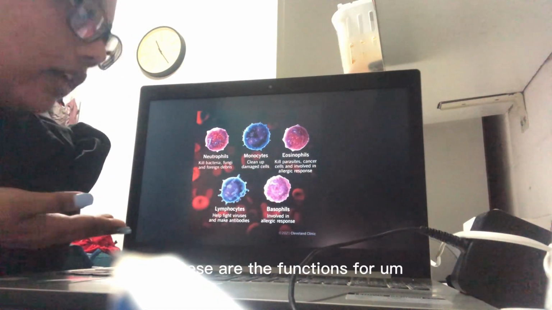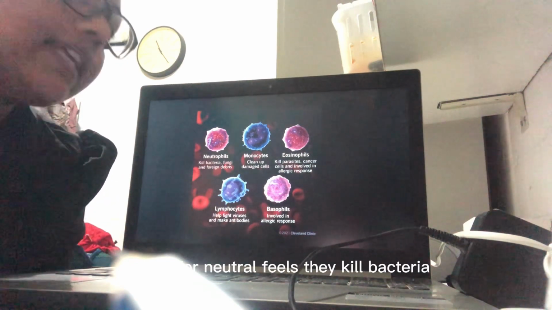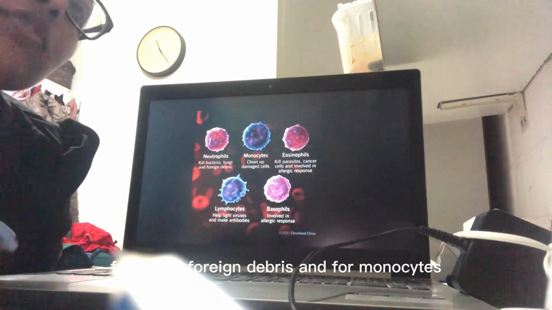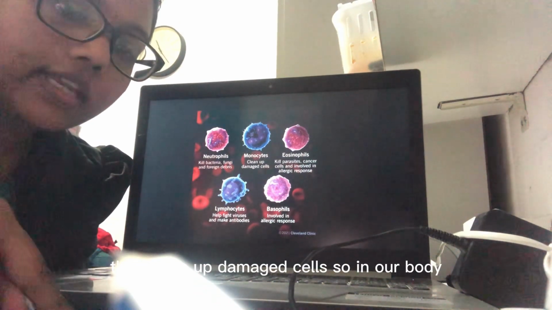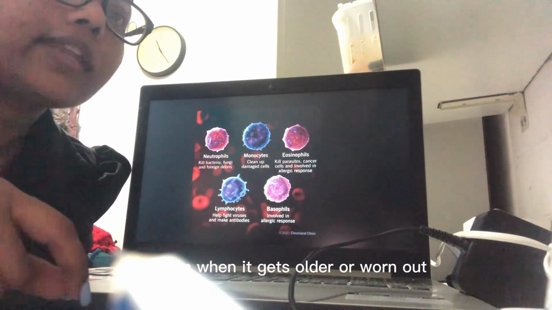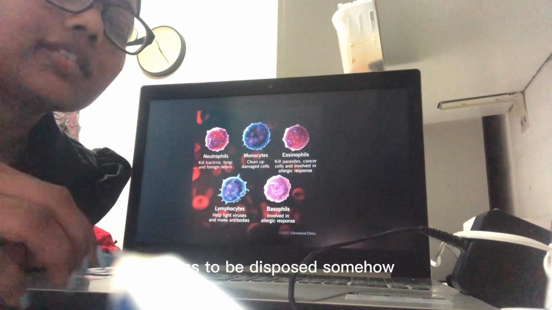These are their functions. Neutrophils kill bacteria, fungi, and foreign debris. Monocytes clean up damaged cells. In our body, we produce new cells, and when they get older or worn out, they have to be disposed of somehow.